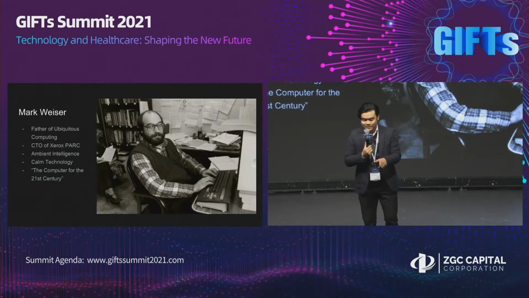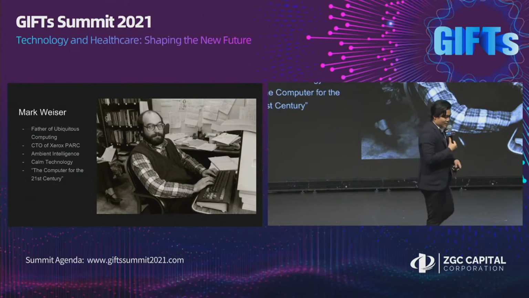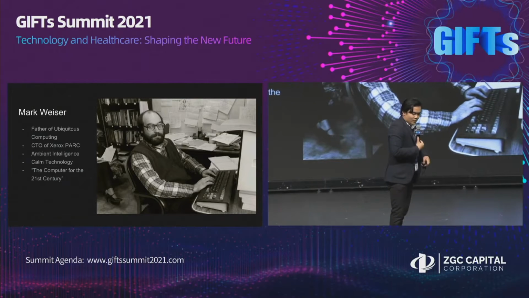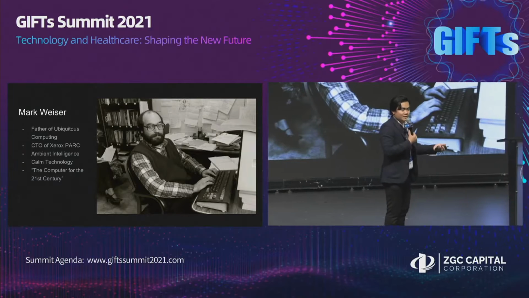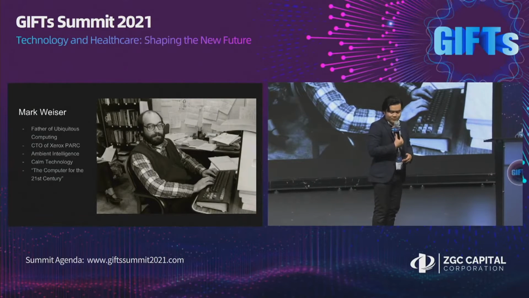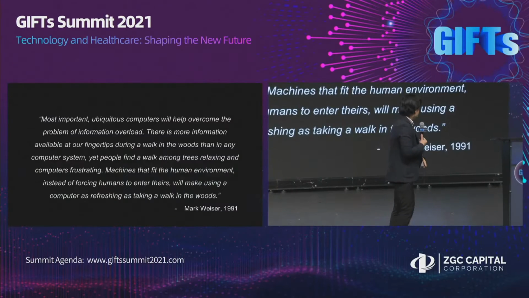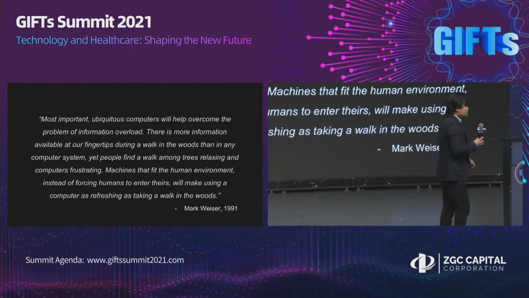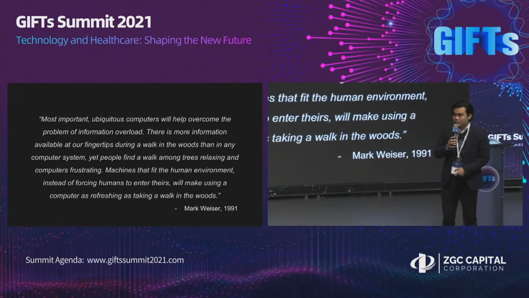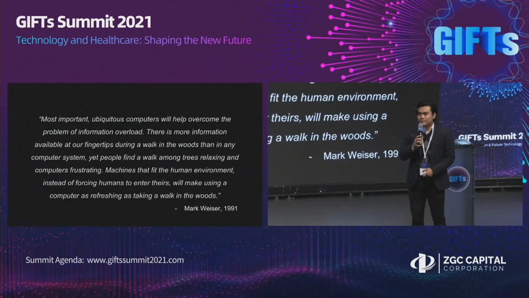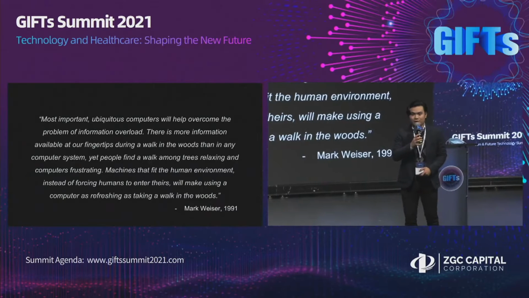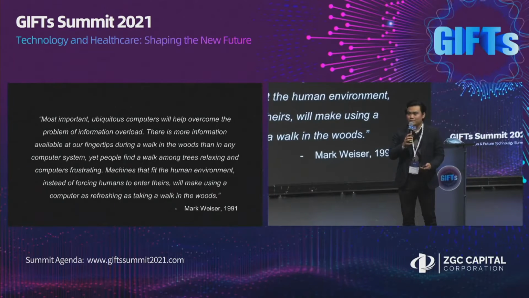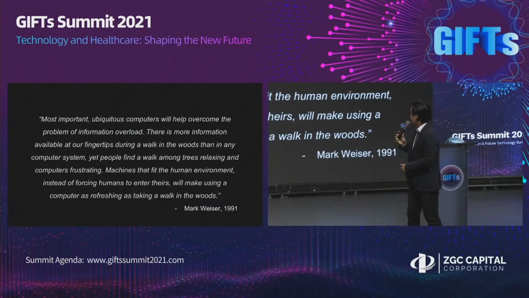And a really good way to explain ubiquitous computing is a quote from Mark Weiser's seminal paper, The Computer for the 21st Century. Mark Weiser wrote that ubiquitous computing will help with the problem of information overload.